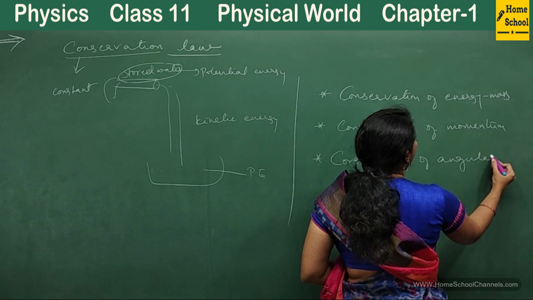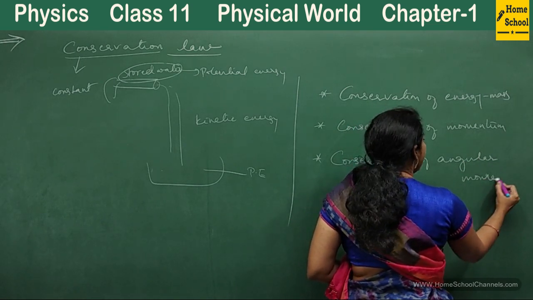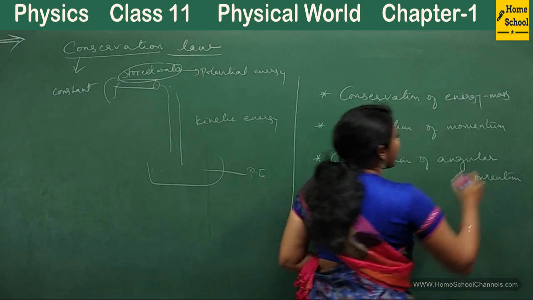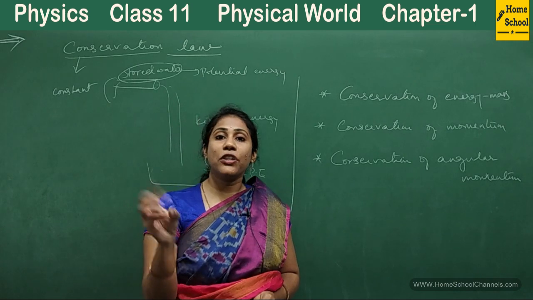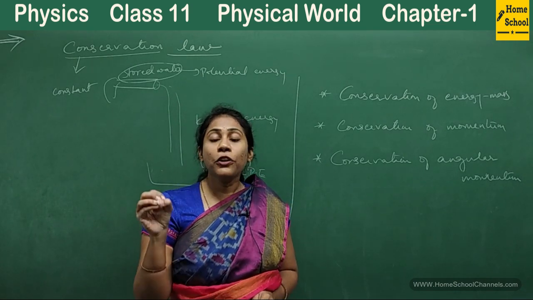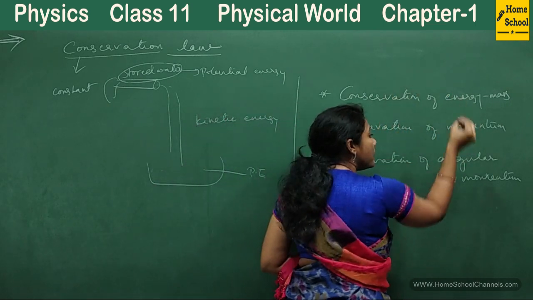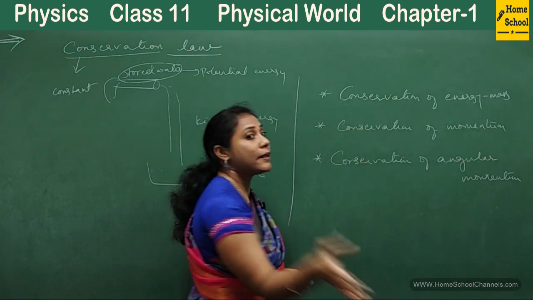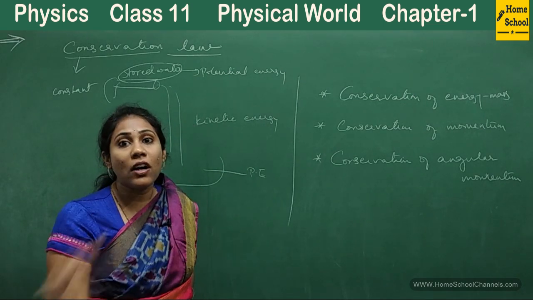See, about all these terms you will study in later chapters, don't worry. I'm just mentioning this so you understand the overall picture that whenever some natural phenomenon takes place, the energy, the mass, the property like momentum, the property like angular momentum, all remain conserved, all will remain constant.